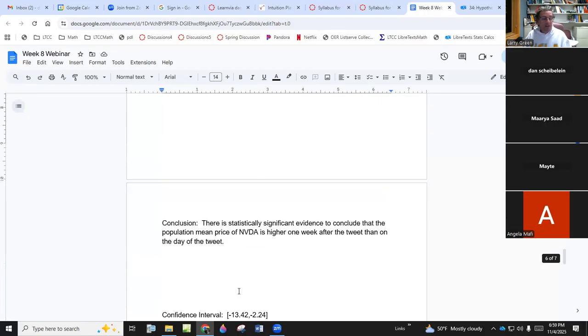Okay, so let me write down the conclusion for our class. There is statistically significant evidence to conclude that the population mean price of NVIDIA is higher 1 week after the tweet than on the day of the tweet. And because of that, it's a good idea to buy stock on tweet day and then sell it a week later, and then wait till the next one and just keep doing it.